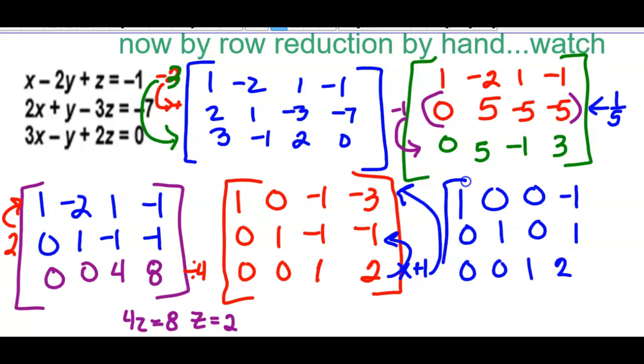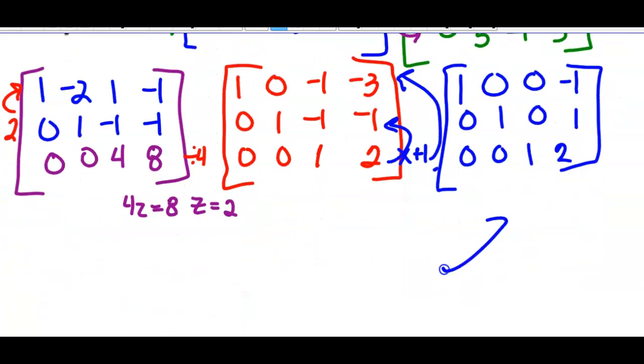Okay, this form right here that I arrived at is called reduced row echelon form, because if I were to put back in x, y, z on all of those, I'd have 1x plus 0y plus 0z equals negative 1.